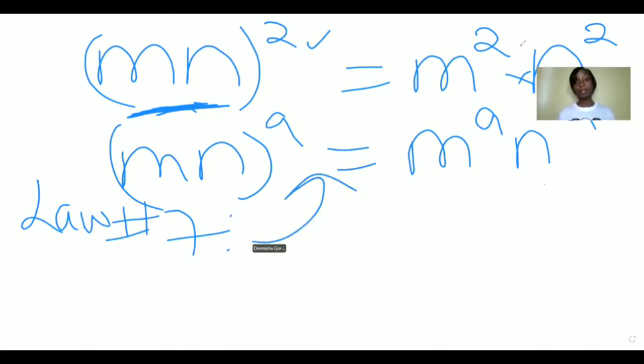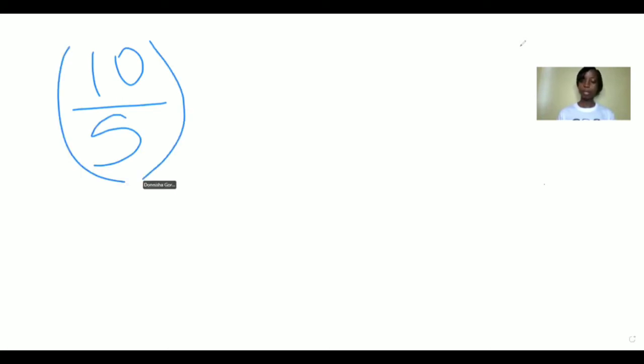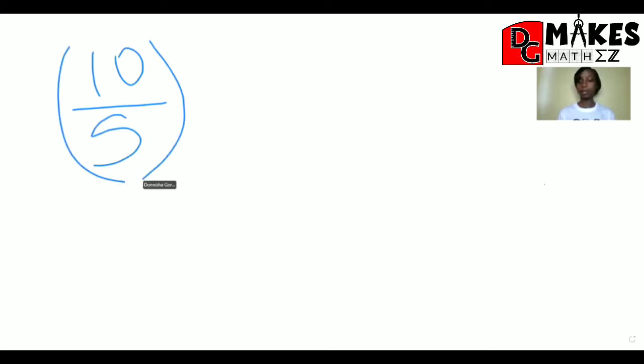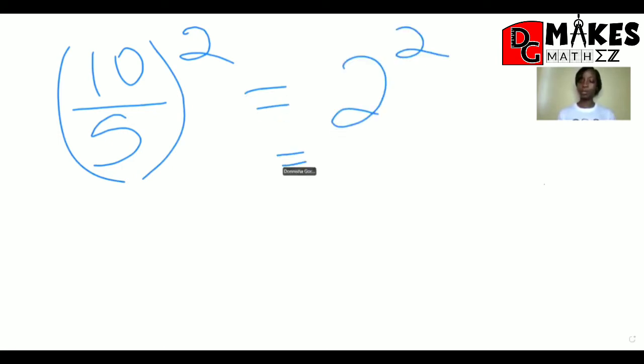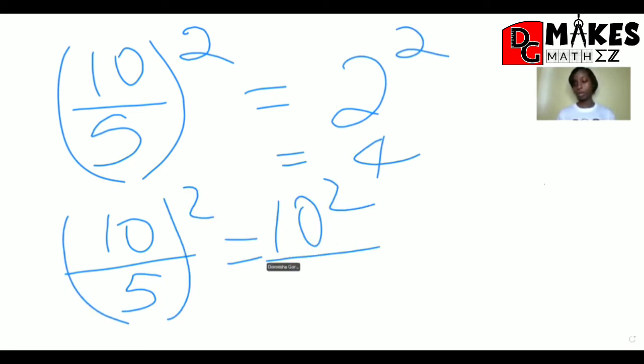And finally, number 8 is going to look a little bit like number 7. Let's look at 10 over 5, and we are squaring that. So 10 over 5 gives us 2, and we're squaring that, we would get the answer of 4. And if we also look at 10 over 5, look at the numbers individually, we end up with 10 squared divided by 5 squared.